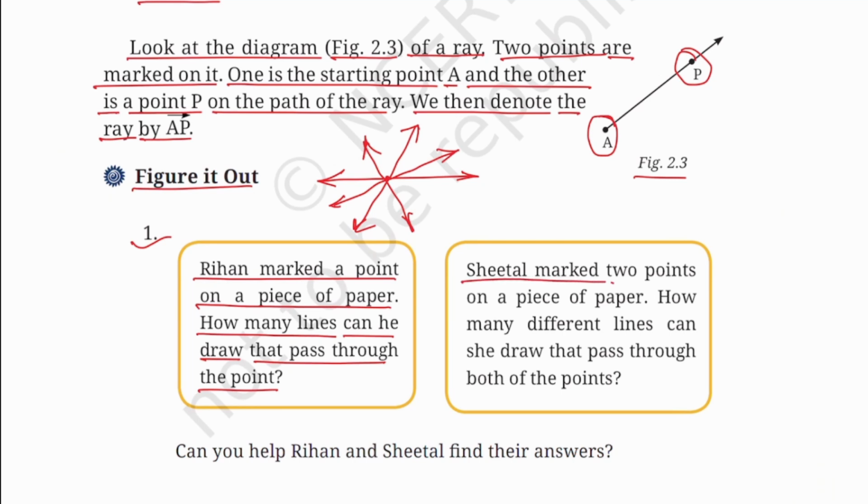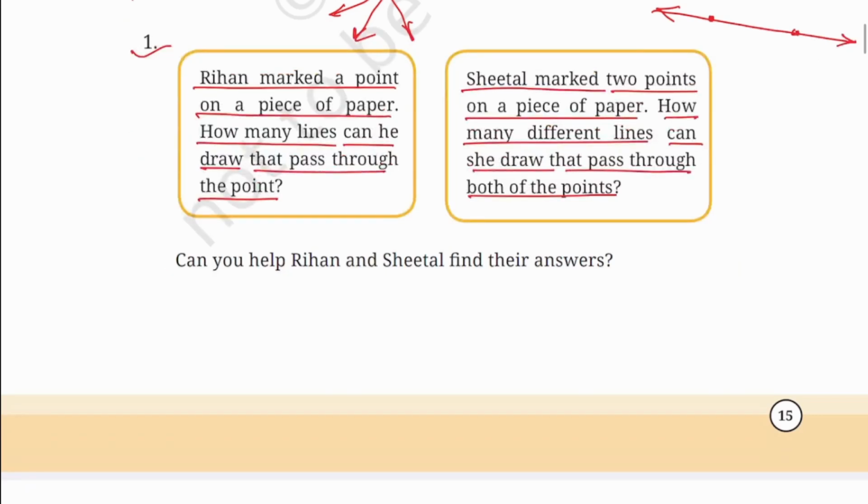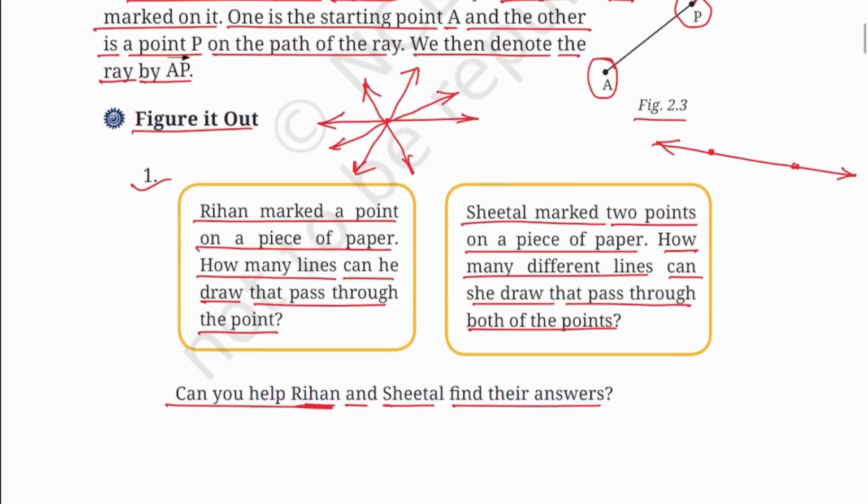Sheetal marked 2 points on a piece of paper. How many different lines can she draw that pass through both of the points? If you draw 2 points on a piece of paper, you can draw only one line passing through them. Can you help Rihan and Sheetal find their answers? I have already discussed.